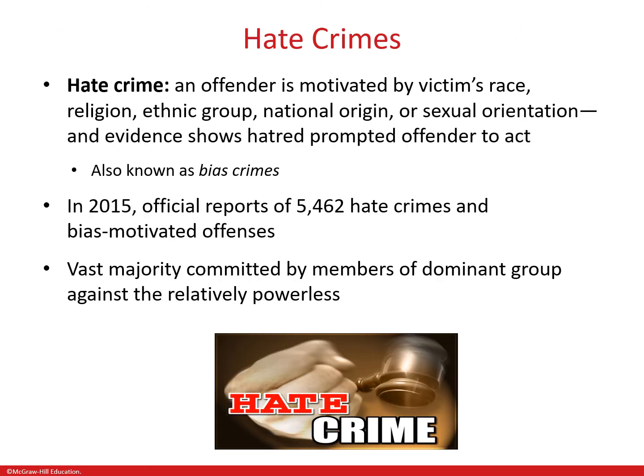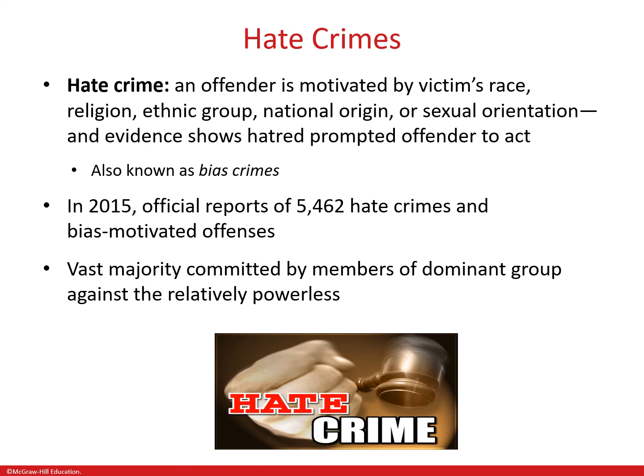Next thing I want to talk about are hate crimes. Hate crimes, compared to these other crimes we're talking about, are defined by the purpose of their conduct and not by those committing the crime. They're also known as bias crimes. These are crimes based on race, religion, ethnic group, national origin, or sexual orientation.